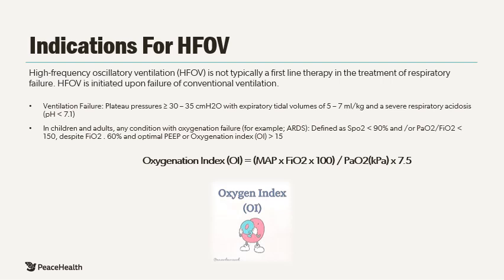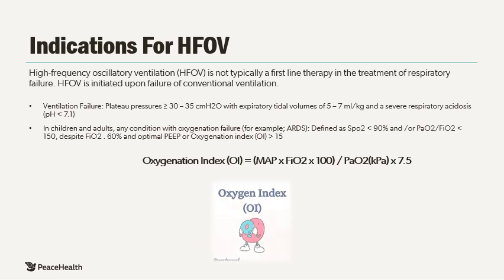Ventilation failure is categorized as plateau pressures of greater than 30 to 35 centimeters of water with expiratory tidal volumes of 5 to 7 mL per kilogram and severe respiratory acidosis, which means pH is less than 7.1.